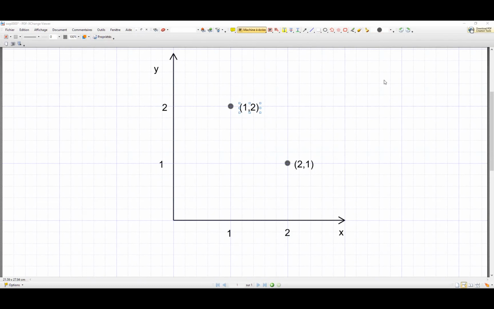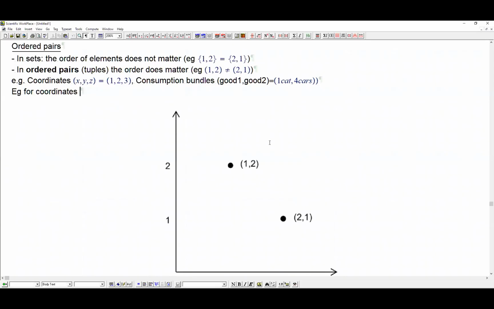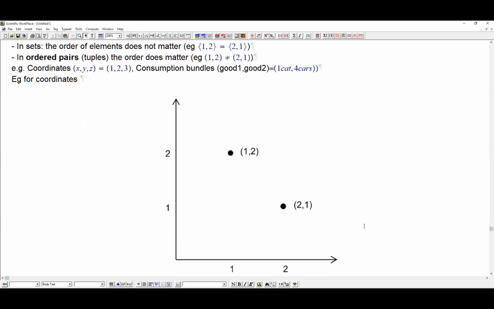Okay, I'm going back, sorry. Here it is. So I got the point (2, 1), which is not the same as (1, 2).